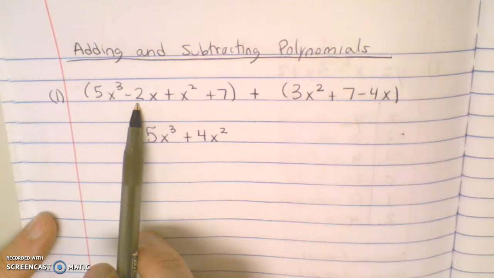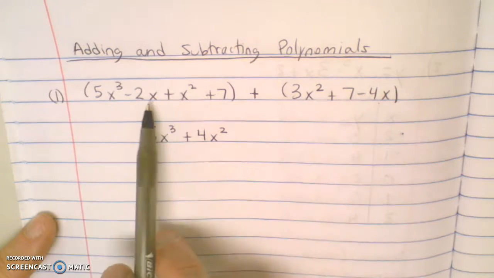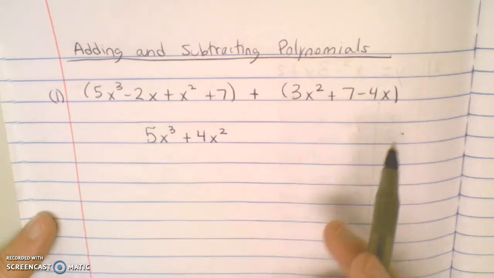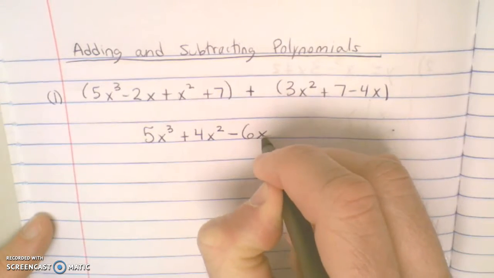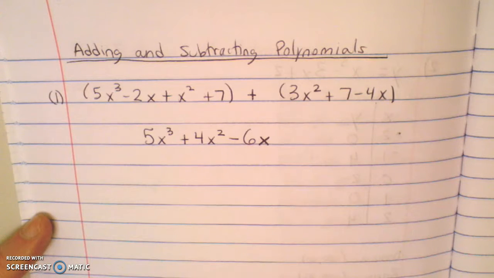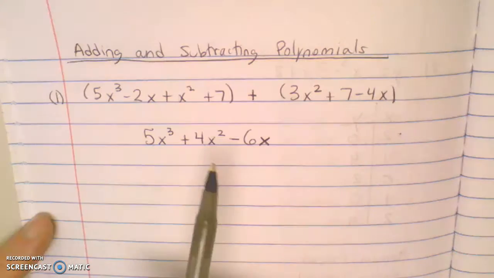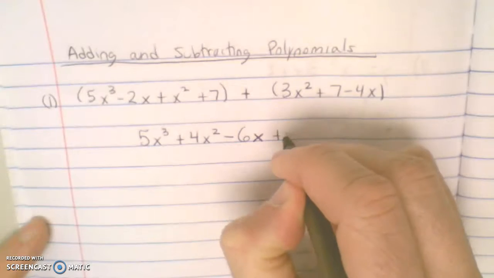So I have negative 2x plus negative 4x, that gives me negative 6x. And then finally, I look at the constants, the values that don't have any letters attached to them. So I just have 7 plus 7, which gives me 14.